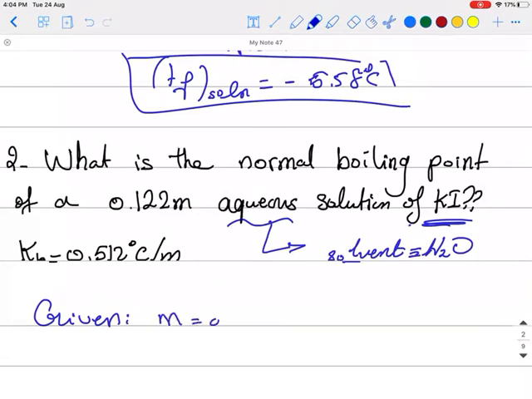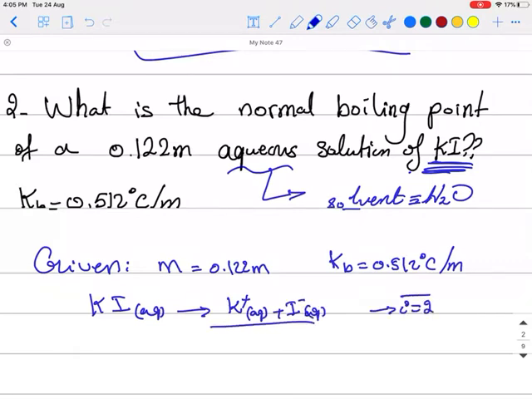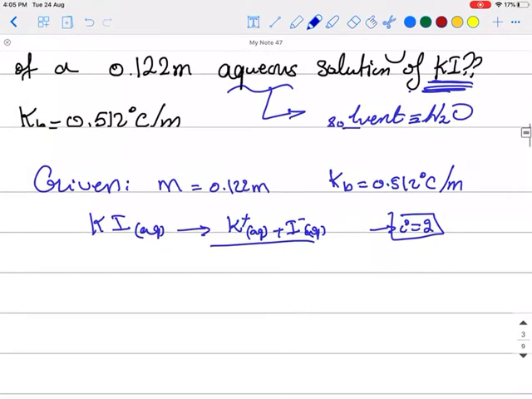We have molality 0.122 molal, and we have Kb, which is 0.512 degrees Celsius per molal. And we have to pay attention that potassium iodide is an ionic compound that splits into ions, 1 K plus and 1 I minus, summing up to 2 ions. So i here equals 2.